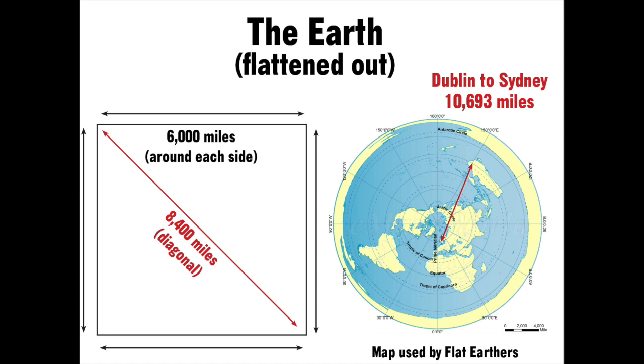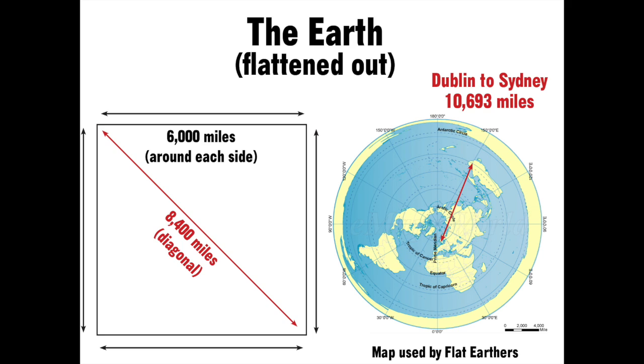So it's a globe, but you can see very far. Now, here's another flaw. On the right-hand side is a map used by many flat earthers and the so-called UN type of structure of the planet. Now, if you take that and look at the 6,000 miles around the edges of the flat Earth, a diagonal would be 8,400 miles.